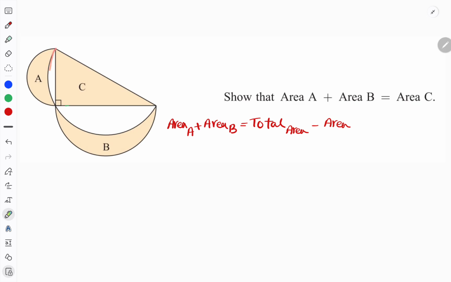Let me show you. This is a semicircle and this is the diameter of this semicircle. In fact, for finding area A and B, we just need to subtract the area of this semicircle from total area. Okay, semicircle.